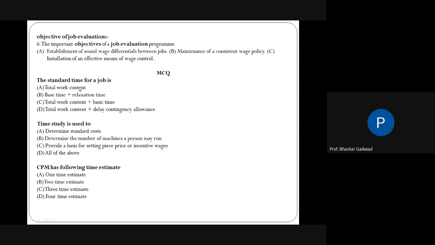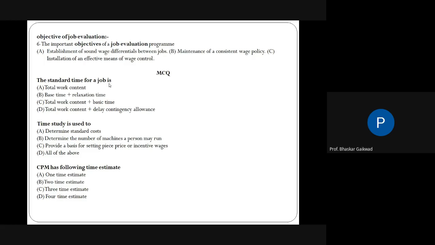The standard time for a job is: total work content, basic time plus relaxation time, total work content plus basic time, or total work content plus delay and contingency allowance. This is one of the great questions. I have already given the things related to standard time.